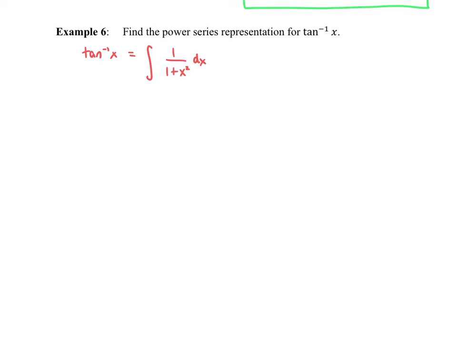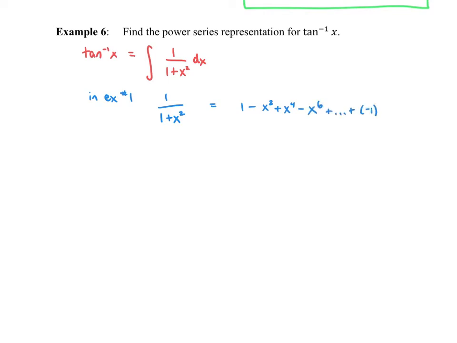Because if you look back on example 1, you can take a minute to do that. In example number 1, we figured out that 1 over 1 plus x squared was equal to 1 minus x squared plus x to the 4th minus x to the 6th.